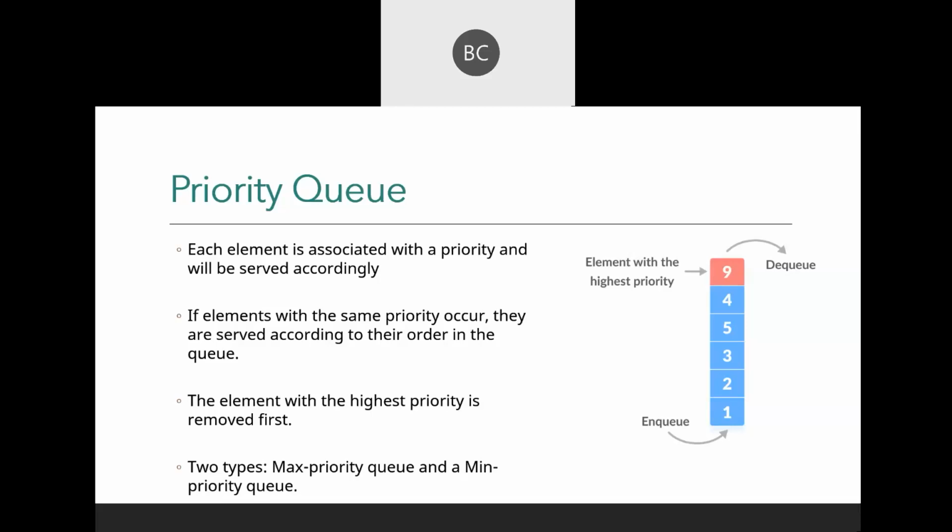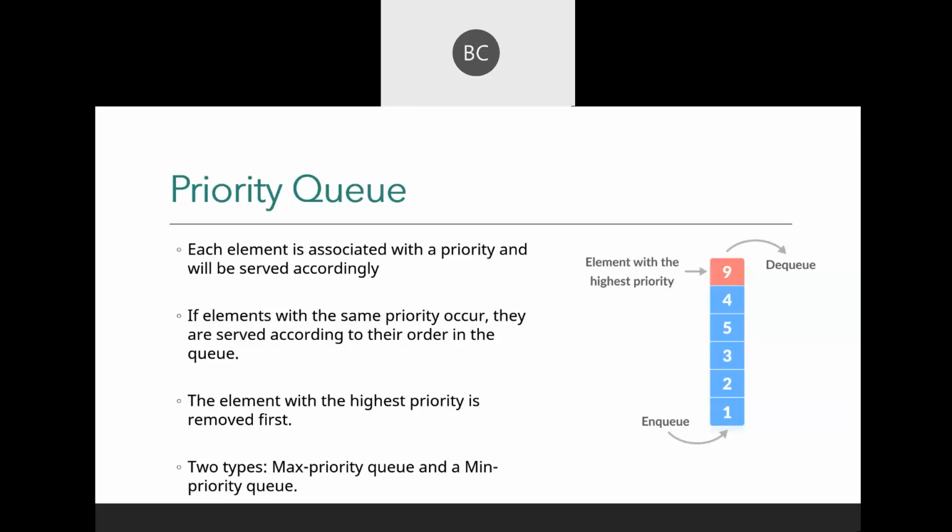So what's the difference between a normal queue and a priority queue? A normal queue simply follows the first in first out rule, but here we delete items according to the priority only. And if two elements have the same priority, then we will simply arrange them in first in first out order.